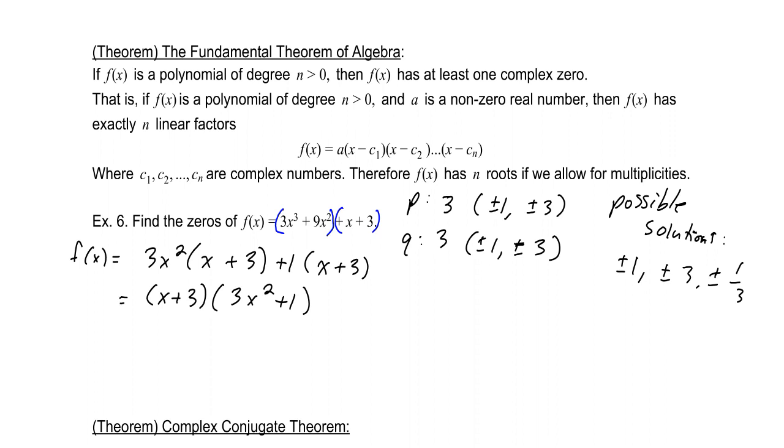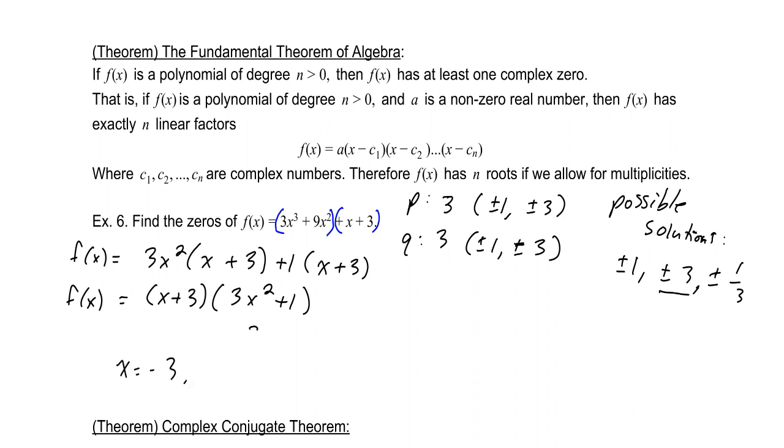And that is f of x. So it turns out that negative 3 was a solution. So let's set each of these equal to 0. The first is x equals negative 3.